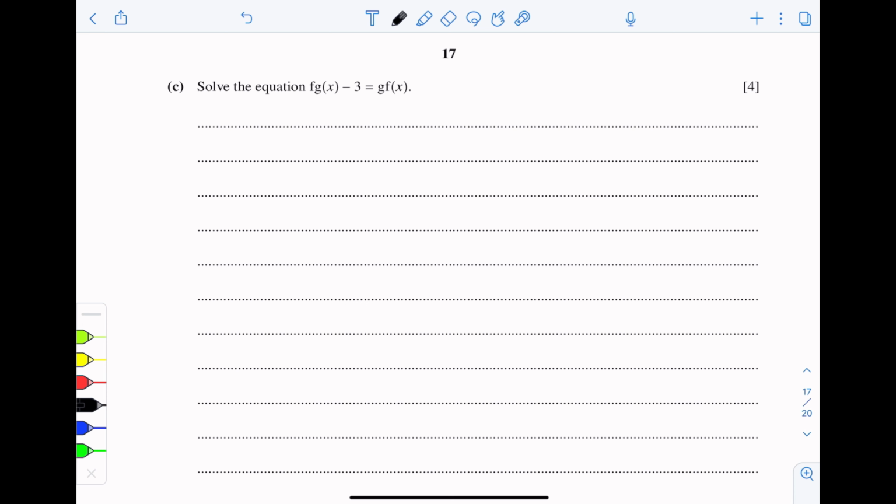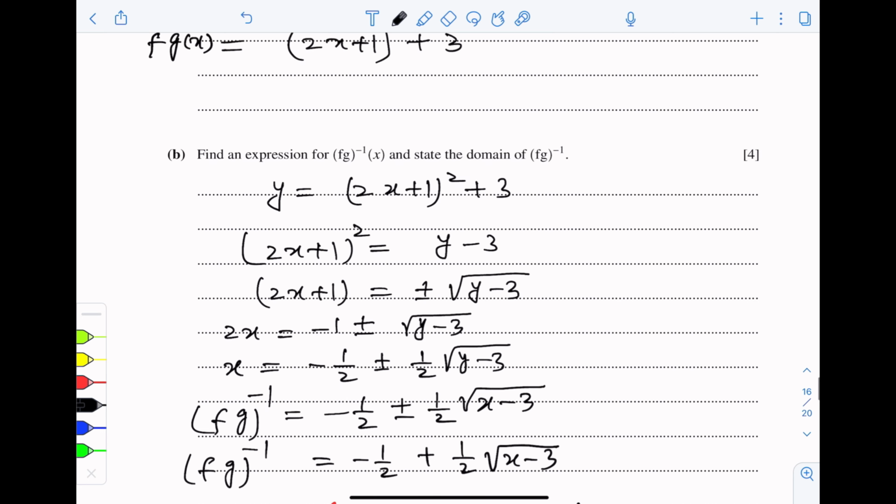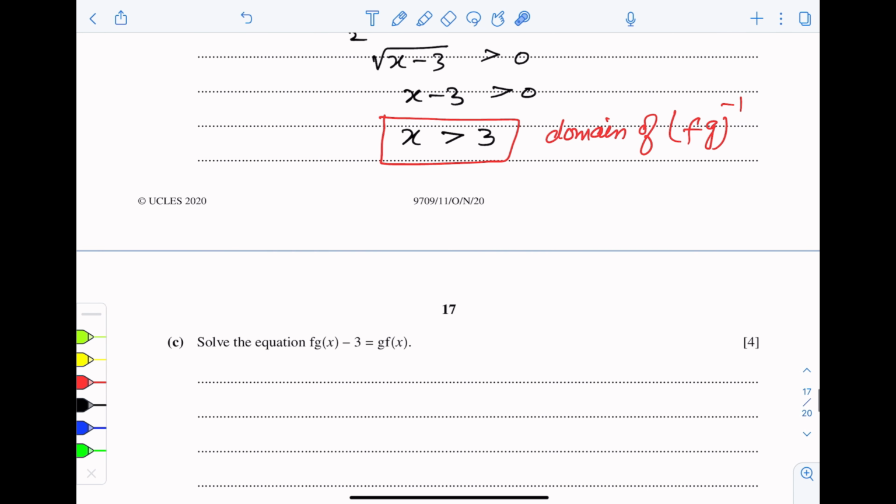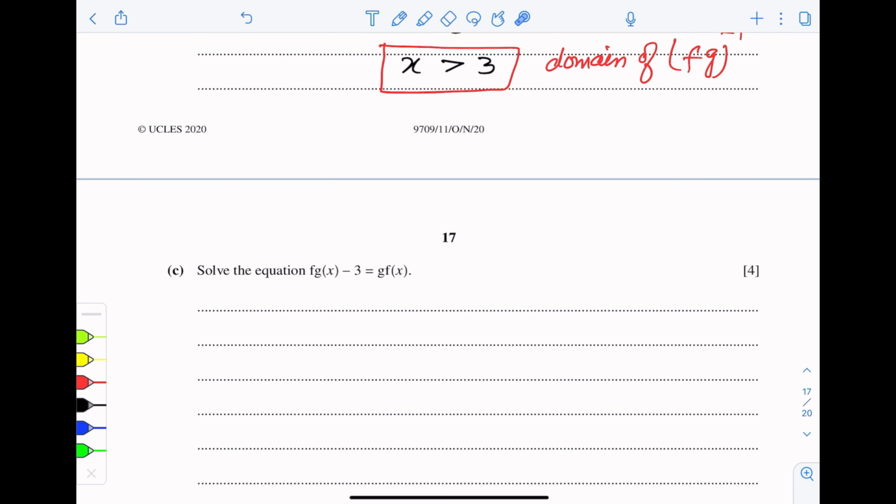Now fgx we have found already. ये देखें, हमने फाइंड कर लिया है, this is fgx, and in place of fgx we will put that, because we have found this already. But we will find first g of fx.